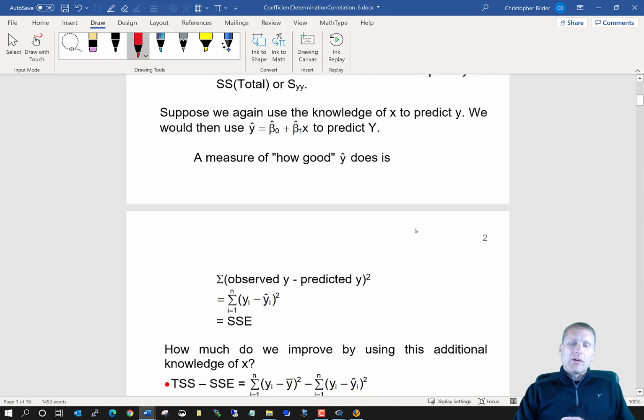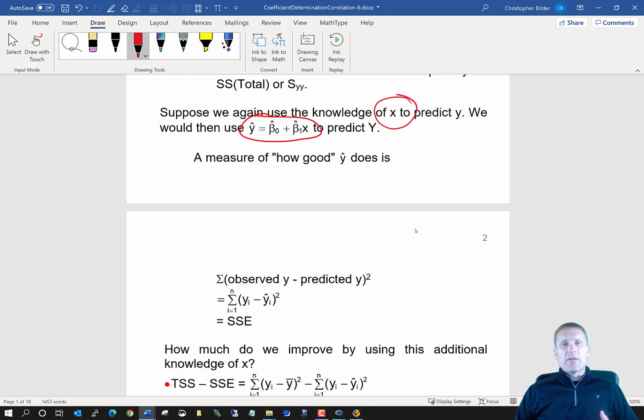But now let's say that we do have knowledge about x, and we want to use x to predict what y is. Well, in that case, of course, we would use our sample regression model, y hat equals beta hat 0 plus beta hat 1 times x.